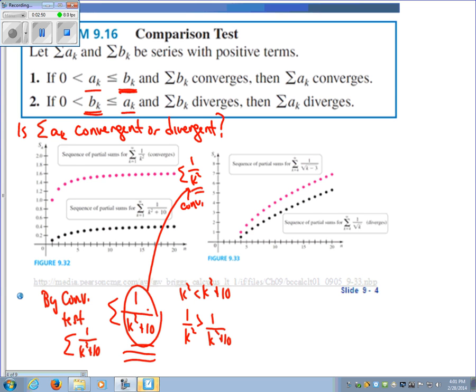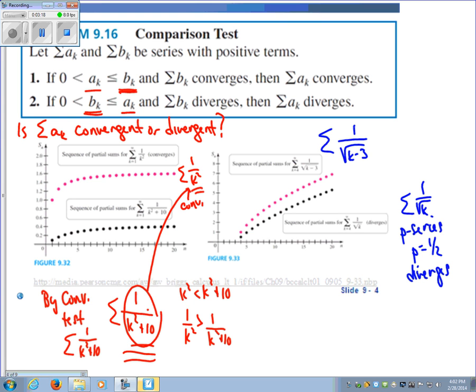Okay? This other example. I'm interested in 1 over the square root of k minus 3. That's not a p series, but I could compare it to the p series 1 over the square root of k. That's a p series where p is equal to 1/2, which we know, when p is less than or equal to 1, diverges.